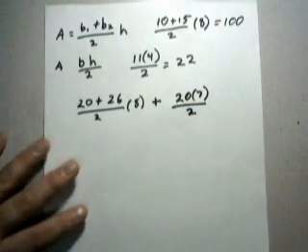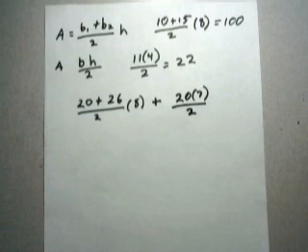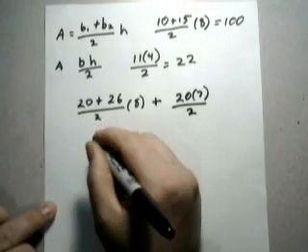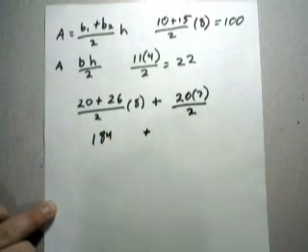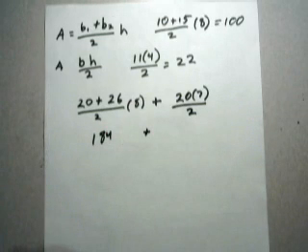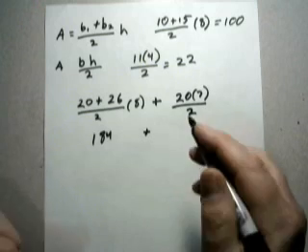So let's figure this part out first. 46 divided by 2 is 23. 23 times 8 is 184 plus 2 times 7, so we've got 140 divided by 2 is 70.